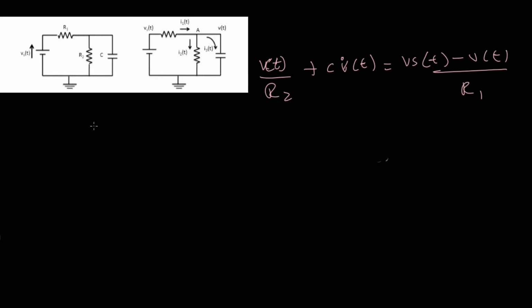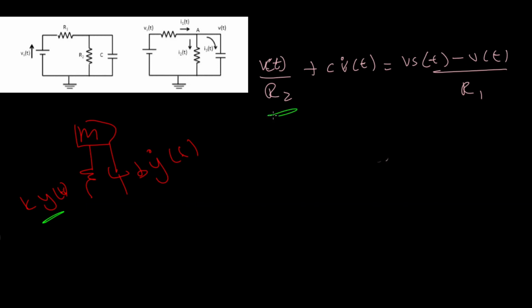Just to recap, we have the shock absorber with the spring and the damper, spring constant and damper. Okay, so there is a similarity between this and this. Oops, it's not that clear.